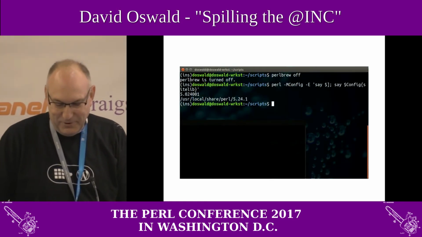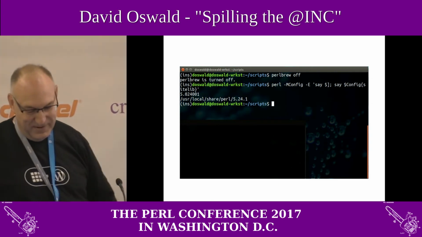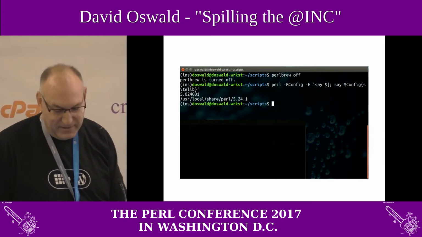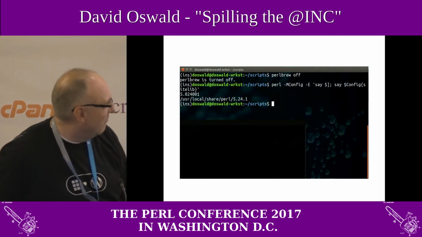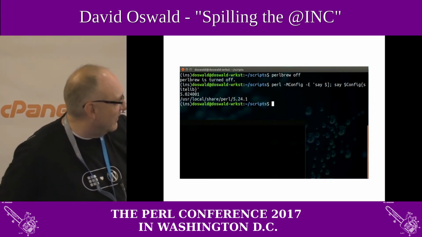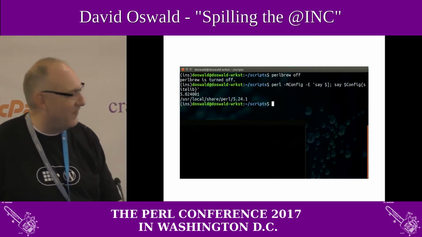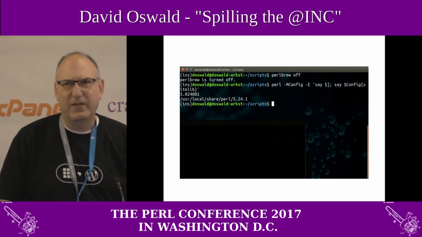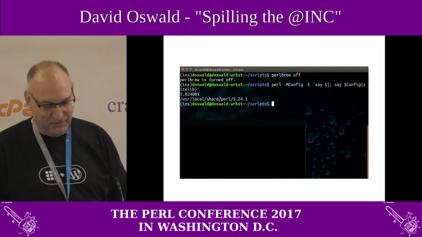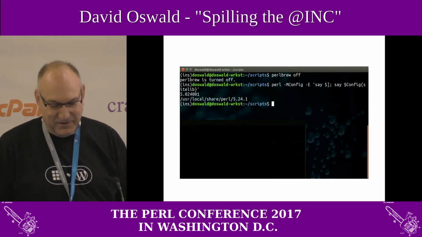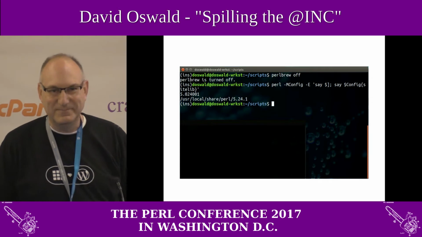So here we turn off perlbrew. Perlbrew's turned off. We go ahead and look and see what is available. We're looking here at Config sitelib, and this is how Perl knows where to find the sitelib, the sitecustomize.pl module. It looks in where Config sitelib thinks it should look.